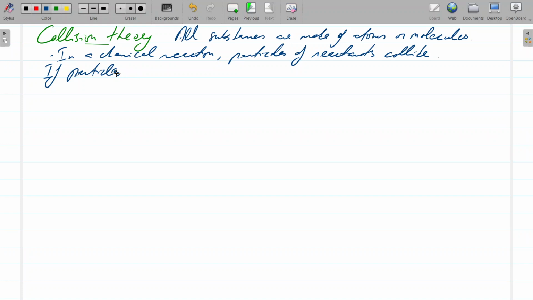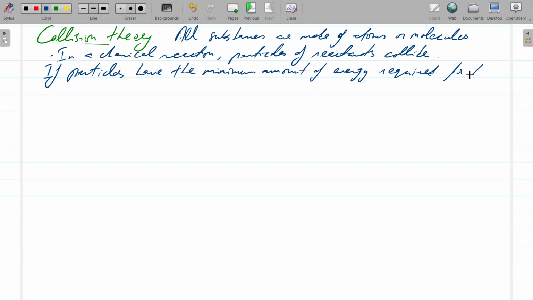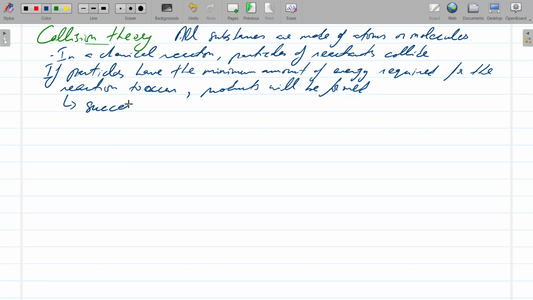If particles have the minimum amount of energy required for the reaction to occur, products will be formed.